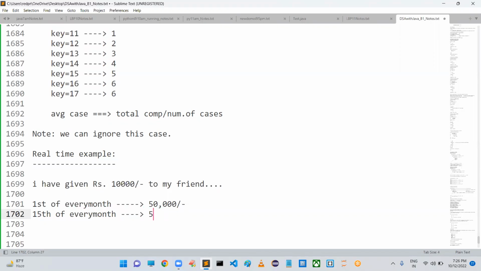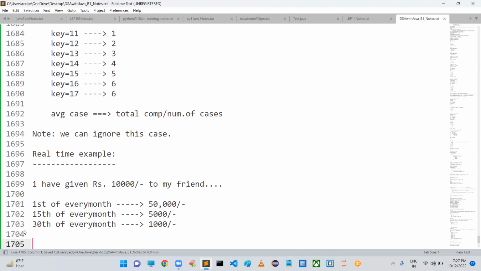And on the 30th of every month, I have a commitment of only rupees 1,000.